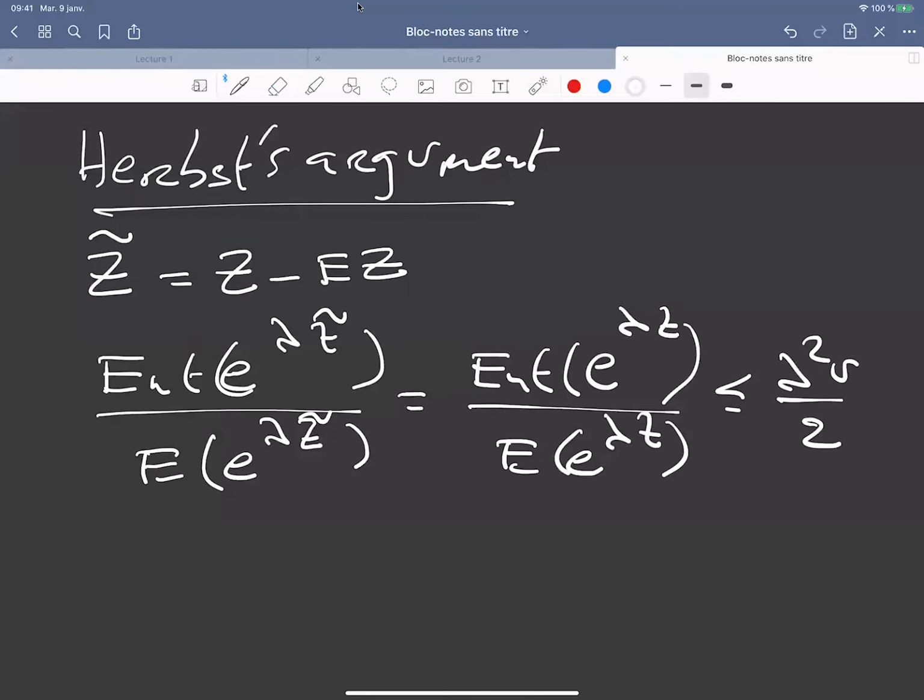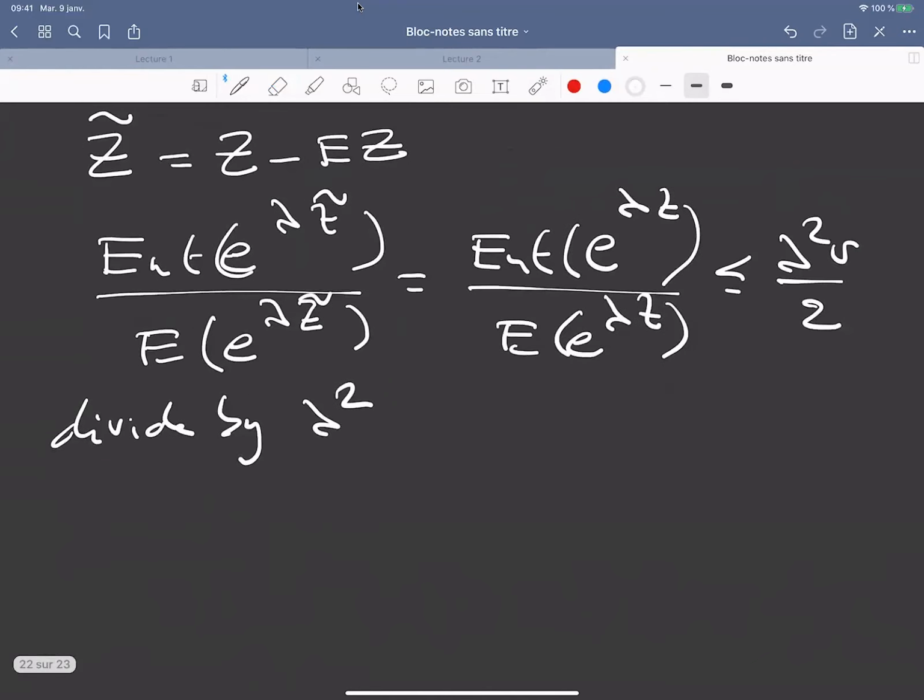Okay. So now, when you look at it, you divide this by lambda square, excuse me.